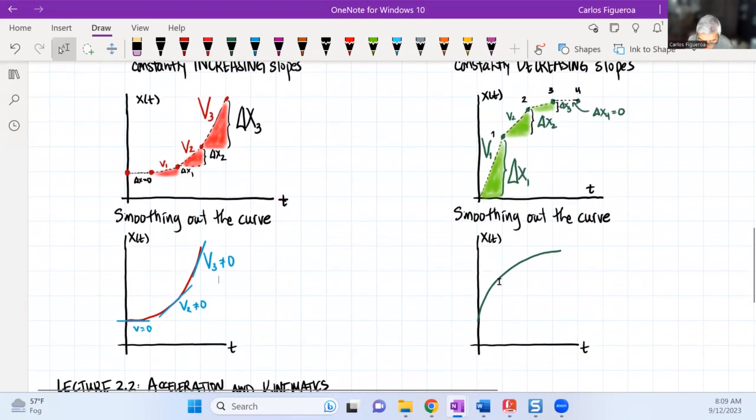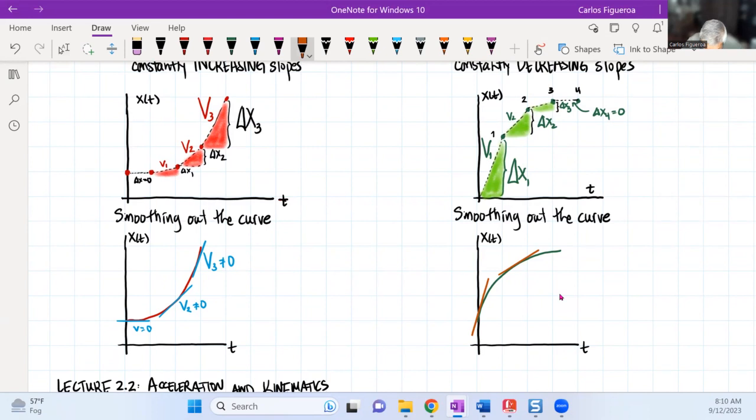So now, smoothing out the curve as we did before, I play the same game here. If I look at the slope at this point, you can see that I have a steep curve. And as I move along the curve, you're seeing that the slope is decreasing.